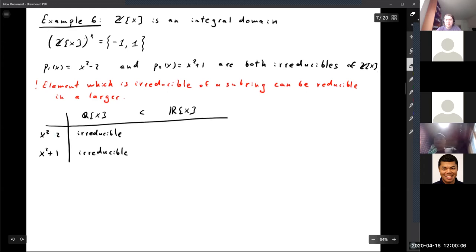As a matter of fact, this one will also be irreducible, but thank you. Now when we work over the reals, x squared minus 2 becomes reducible. And thank you for the comment, because here it is important that it is x squared minus 2. But this one is still irreducible.